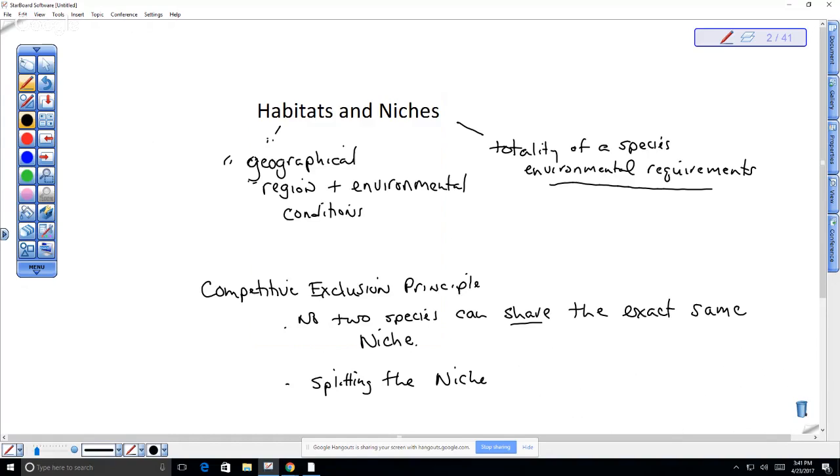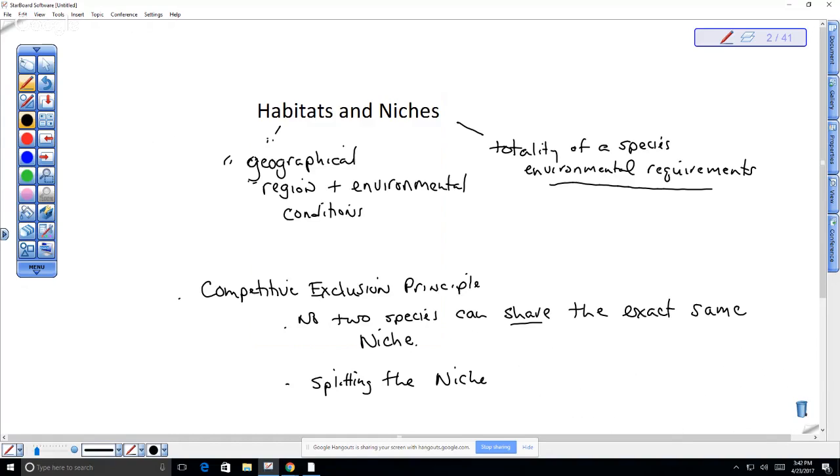So there is no competitive exclusion, say, between a barn owl and a red-tailed hawk. There are also different vultures. One vulture hunts by seeing and locating its prey by sight, and one vulture finds its prey by smell. And so they have split the niche.